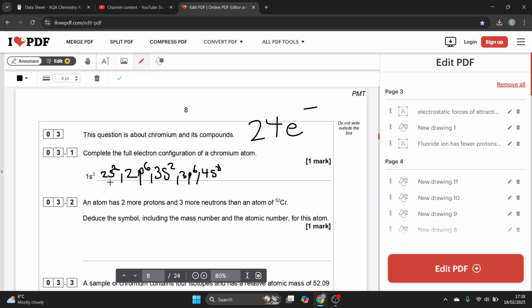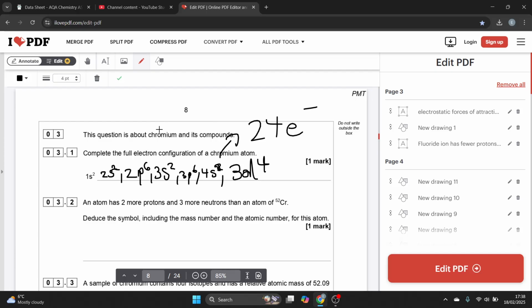So 4s2, and then 3 more: 1s2, 2s2, 2p6, 3s2, 3p6, 4s2, 1 more, and 3d4. Yeah, 3d4. But there's the special rule with chromium.